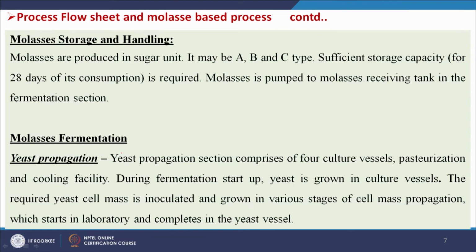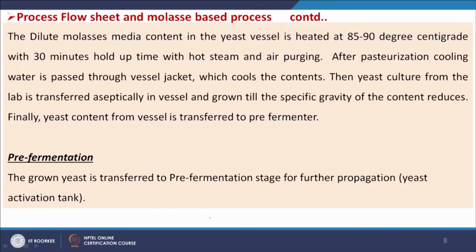And then molasses fermentation, yeast propagation takes place, the growth of yeast takes place first. We take the dilute molasses media content in the yeast vessel, and that is heated to 85 to 90 degree centigrade with 30 minutes hold up time with hot steam and air purging. After that, pasteurization cooling, water is passed through the vessel jacket which cools the contents.